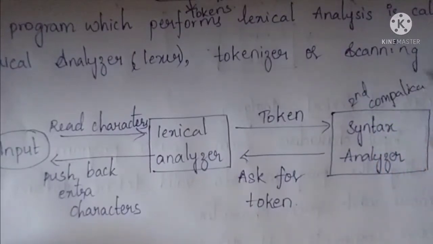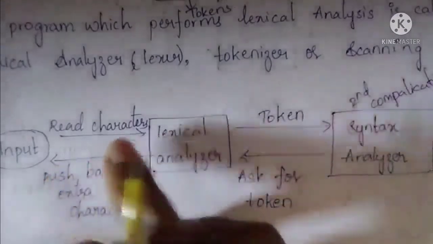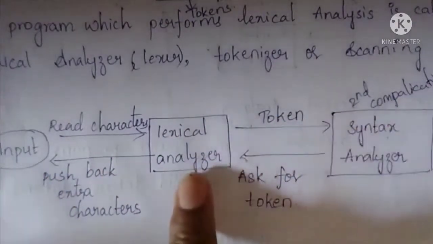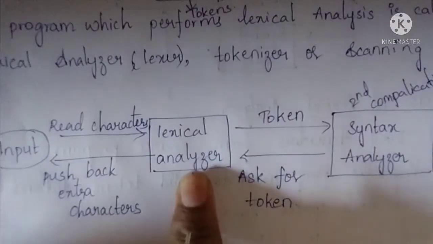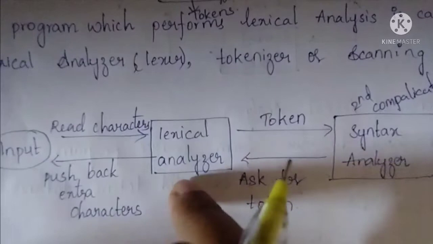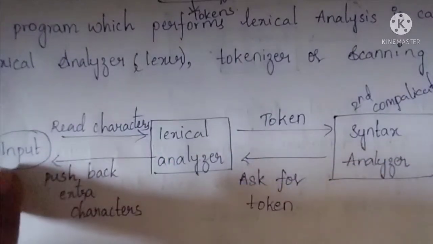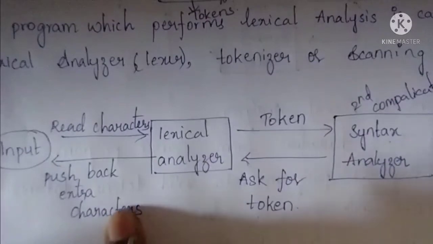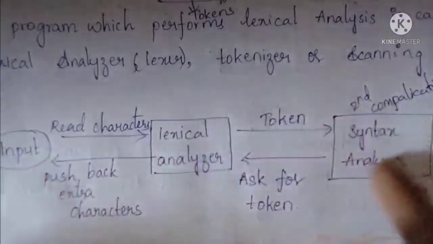After reading one character, the syntax analyzer will ask the lexical analyzer for tokens. Then the lexical analyzer will again ask the source program for the extra characters. In this way all the characters are read in a circular motion.